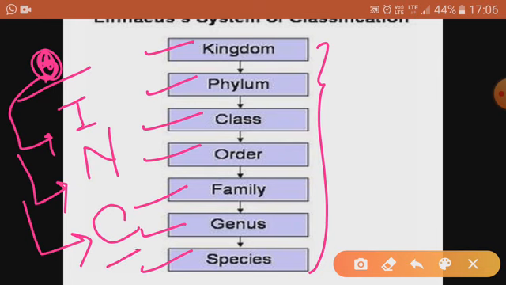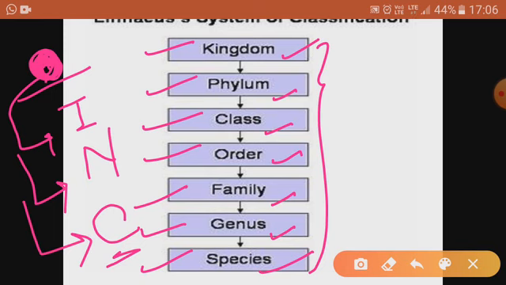We have to assign it kingdom, phylum, class, order, family, genus, species, whatever plant or animal we have discovered. So first of all, we discover or explore any species of plant and animal, then we identify it, we give it a name, and we classify it into 7 categories.